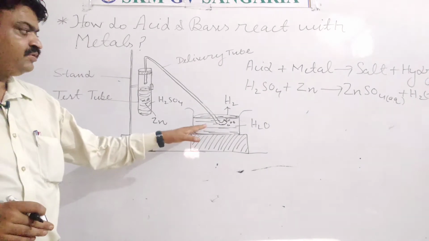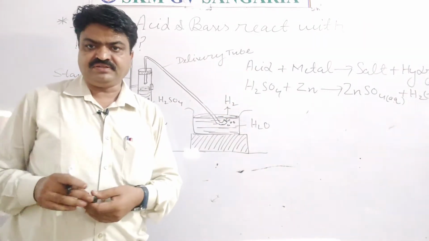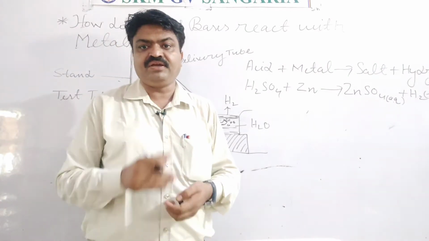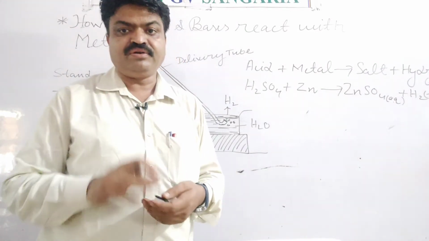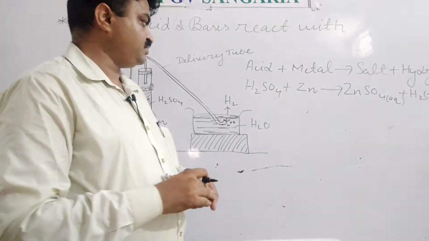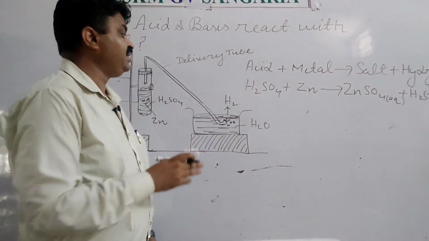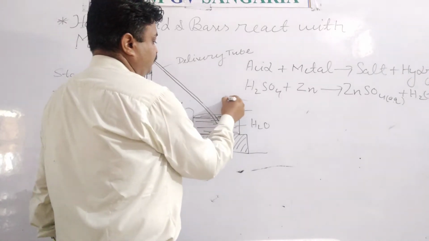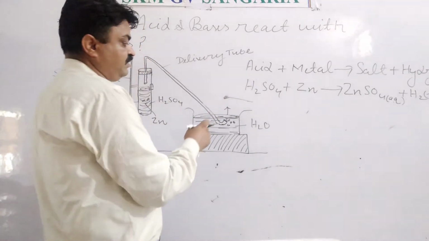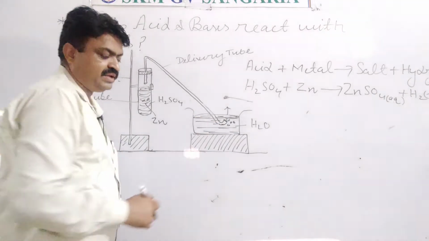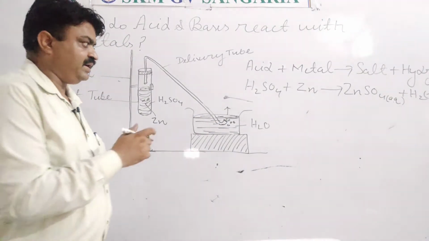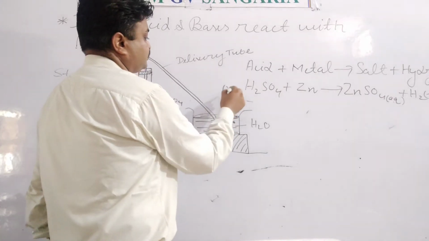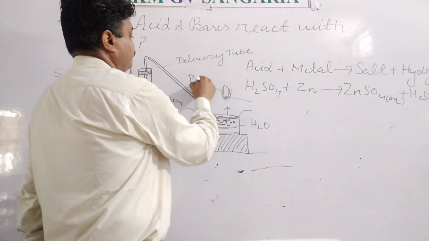Now, how do we know the presence of that hydrogen gas? It is also important that hydrogen gas is evolving here. How do we know about that? We know with the help of a burning matchstick. When you put the burning matchstick near that delivery tube, the burning matchstick will burn with a pop sound, student.